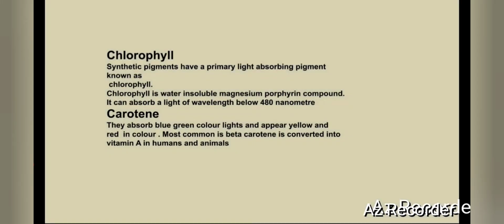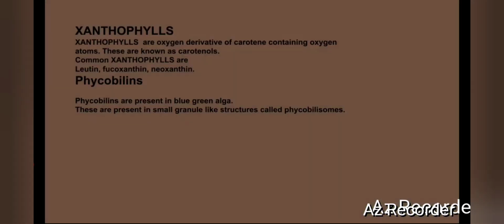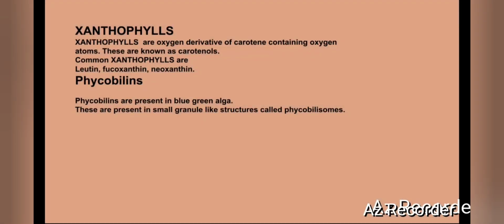Next part is carotene. They absorb the blue-green lights and appear yellow and red in color. Most common is beta carotene. It is converted into vitamin A in humans and animals. Xanthophylls. Xanthophylls are oxygen derivatives of carotene containing oxygen atoms.